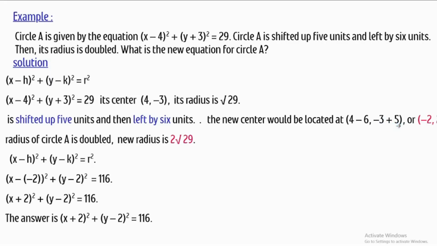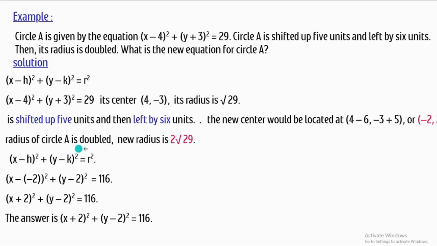The original center is 4 and -3, so the y coordinate becomes -3 + 5. Shifted 6 units to the left, of course left is negative, so we make it 4 - 6. So the new center is -2 and 2.